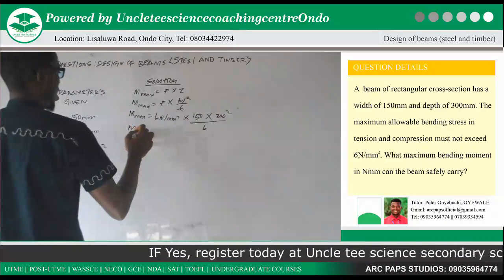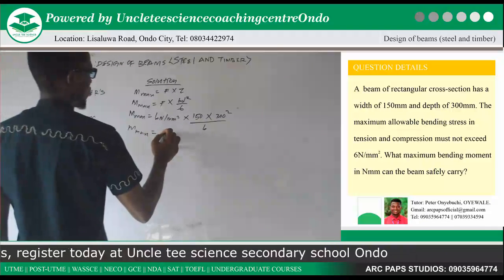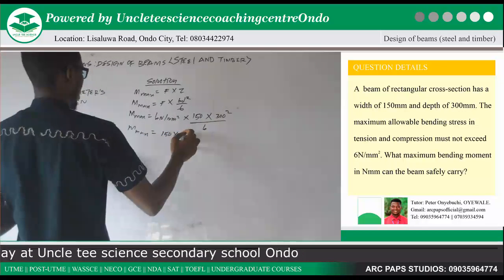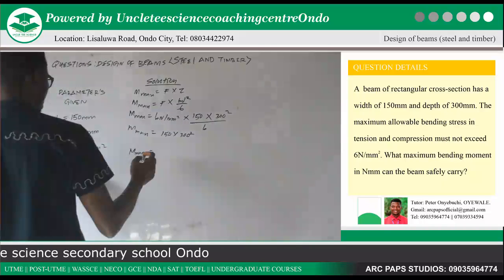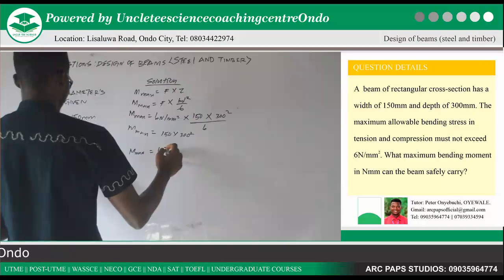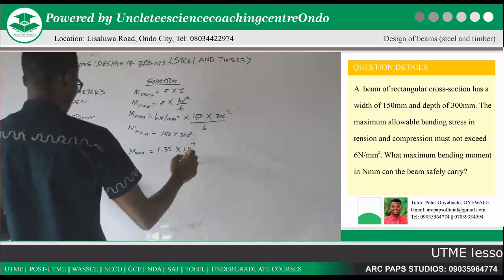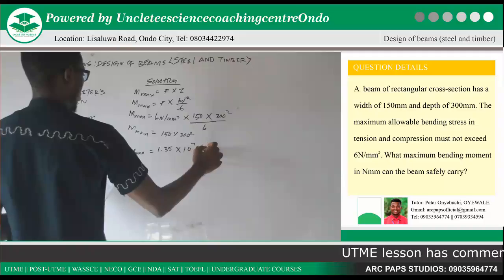Now if we cross multiply that, that will give us 1 times 150 times 300 square. Now our M max will then give us 1.35 times 10 raised to power 7 Newton millimeter.